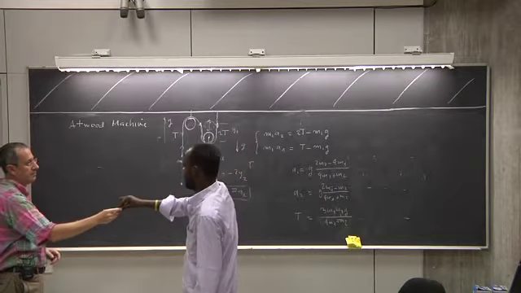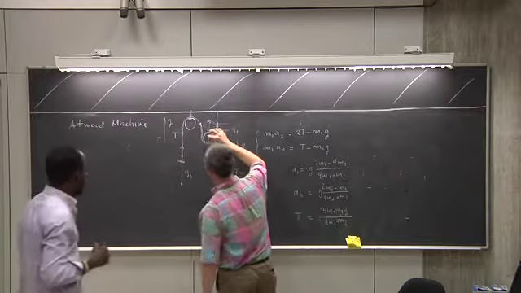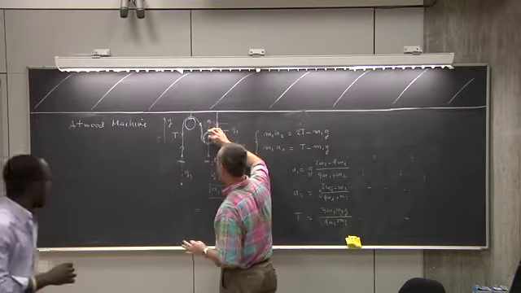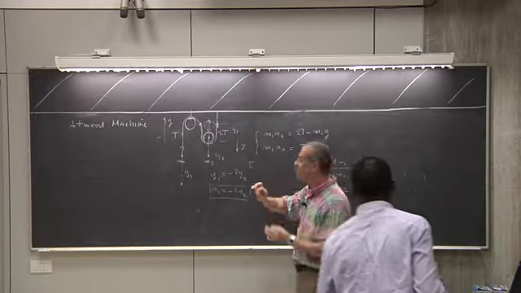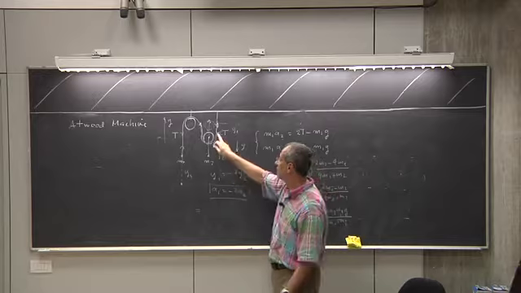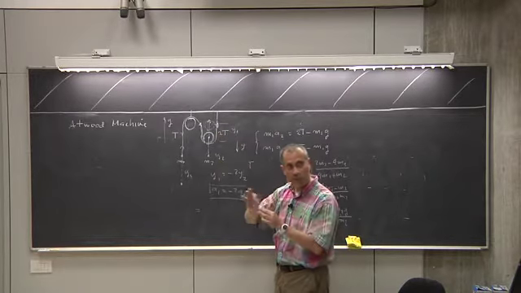So for each of these two components, it's like if I had a point particle here, M2A2, and the net force is 2T minus this. And it moves. And the same is here.